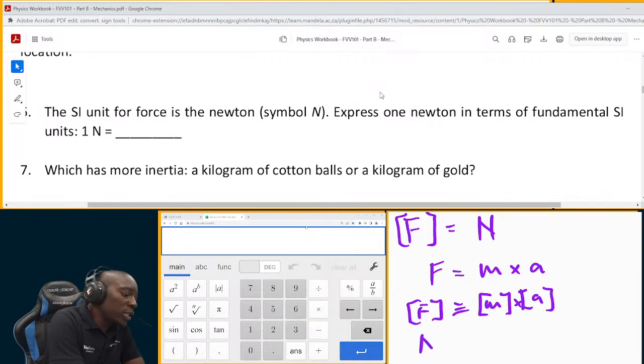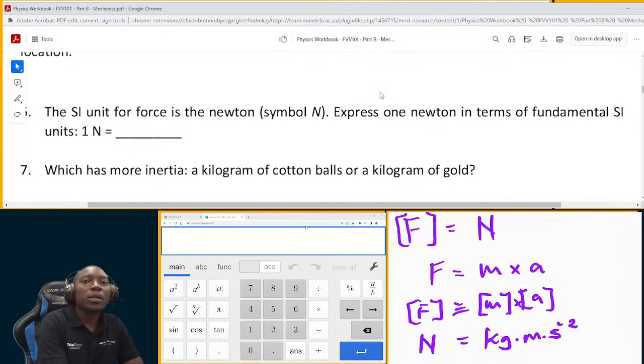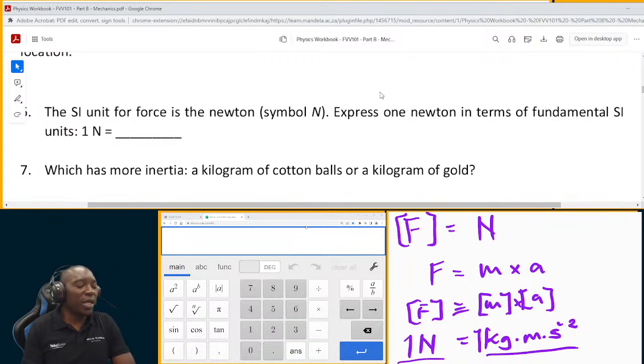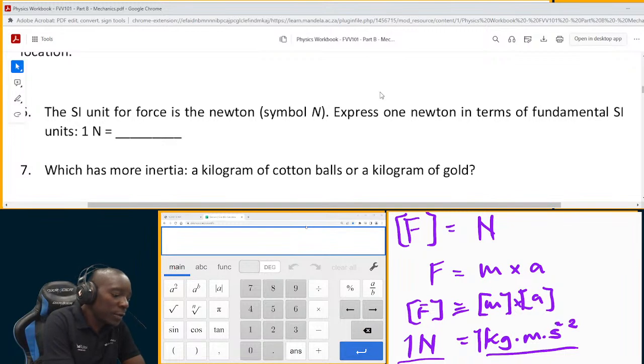The unit of force is the Newton, the unit of mass is the kg, and acceleration is meter per second squared. So that means 1 Newton is equivalent to 1 kg meter per second squared, and this is the equivalence of the Newton in fundamental SI units. 1 Newton equals 1 kg meter per second squared.